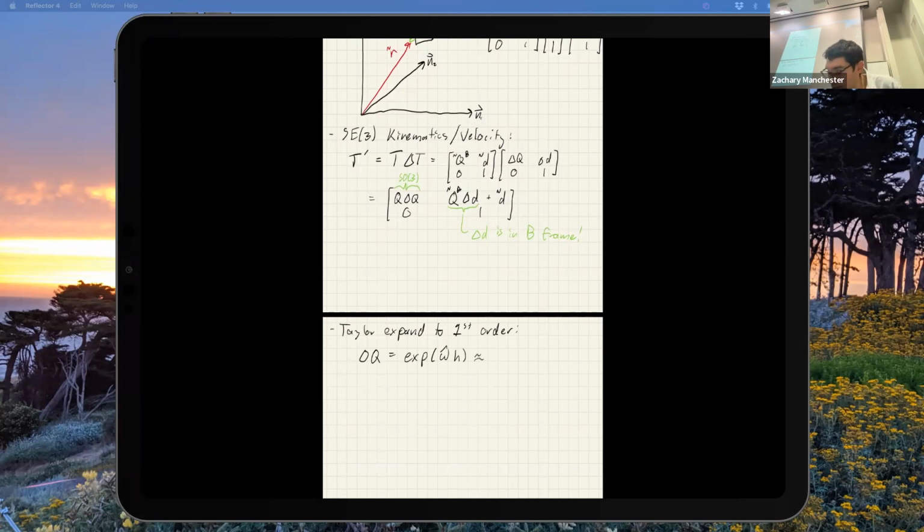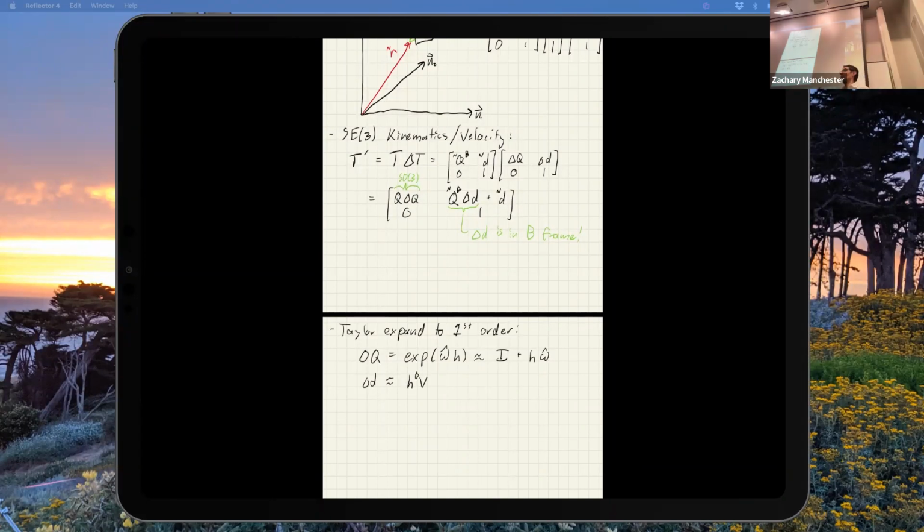We can approximate this to first order with the Taylor expansion of the exponential as h omega hat. It's first order in h, so we did that before. And then for delta D, this is in the body frame, so it's approximately just h times some velocity in the body frame.